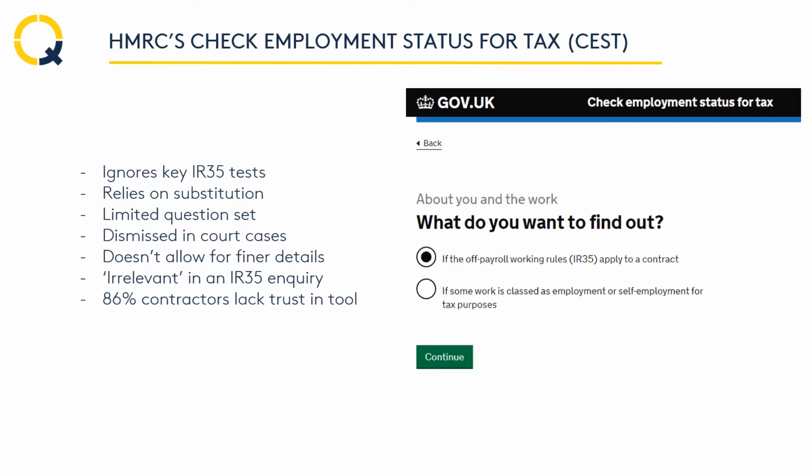Now, HMRC have a different view as to how questions should be answered compared to most other people. So it's a bit subjective, and it's not something that we recommend contractors use. And as you can see, 86% of contractors lack trust in the tool.